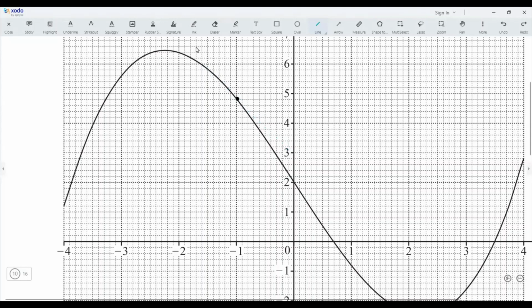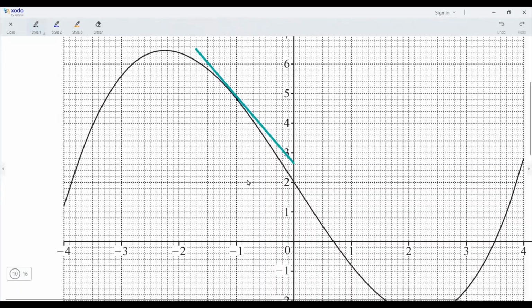It can be passing through it like this. And we can take any of the points on this line and then we will have our answer. So one point is this one, x equals -1, and the value of y, we can say it is 4.8. We can say -1 and 4.8.